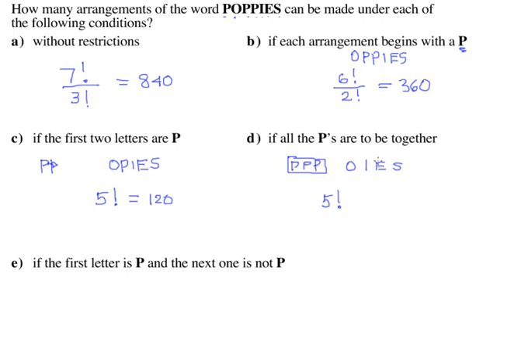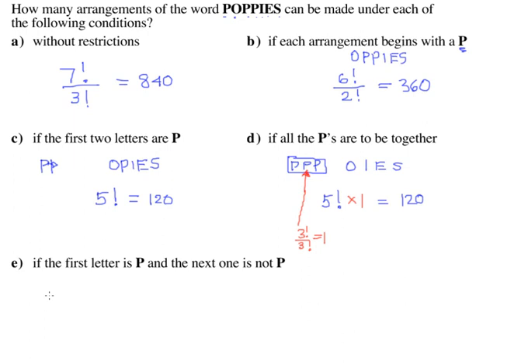You can arrange the block along with the other letters just to get your sequence, but then you have to look inside that block and say, how many ways could I rearrange the things in here? The catch is, there's only one way to arrange the things in here because they're all P's. This is going to read PPP no matter what you do to shuffle the order. In other words, the internal arrangements in this are 3 factorial because there's 3 letters in there, divided by 3 factorial because they're all the same, which equals 1. So if you want to throw in a times 1, go nuts. It's not going to change the result. It's still 120.